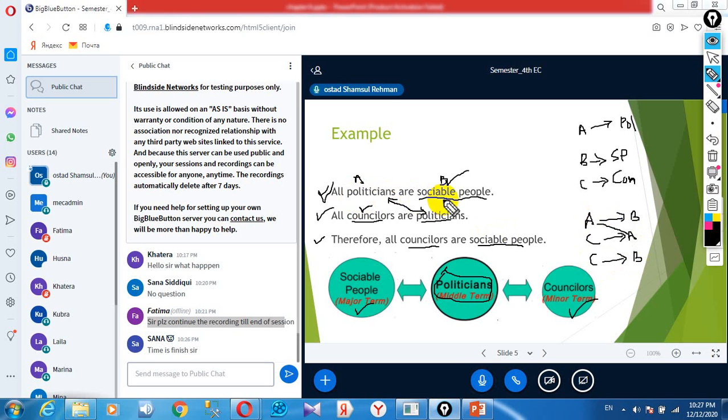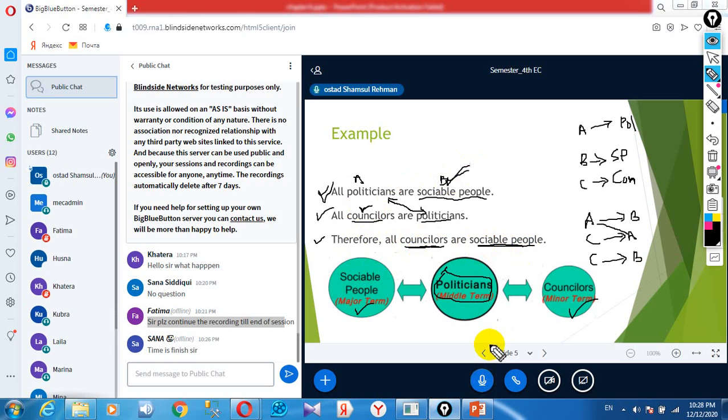All politicians are sociable people, all counselors are politicians. So through politicians we can combine the minor term and the major term in the conclusion.